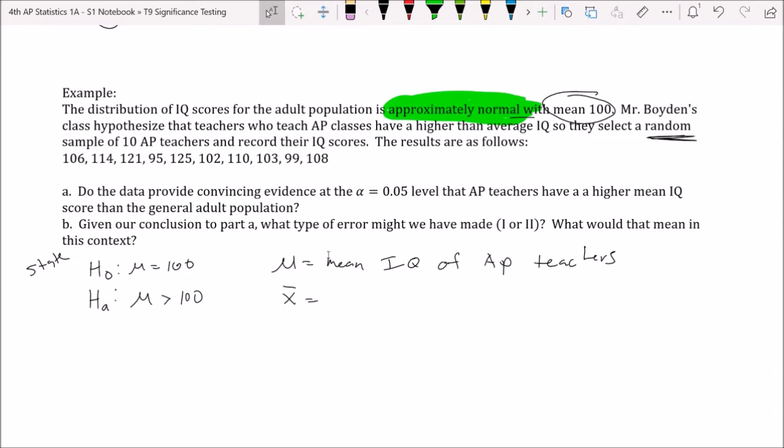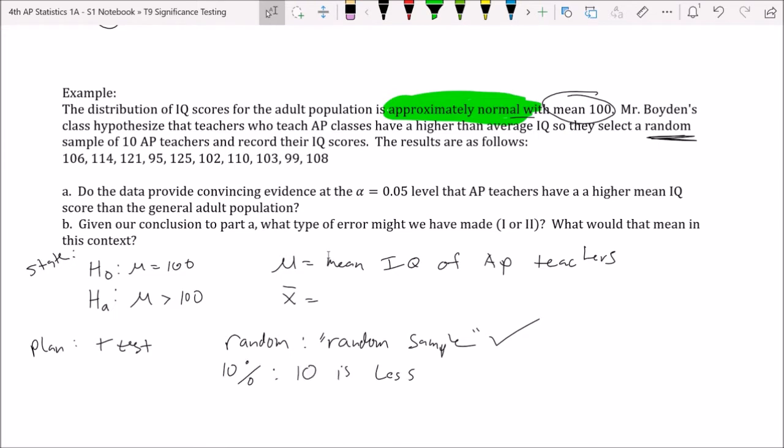Let's do the plan. The plan is a t-test. And our conditions are randomness. Yes, we were told random sample. So check the 10% condition. And I'm going to say 10 is less than 10% of all AP teachers.